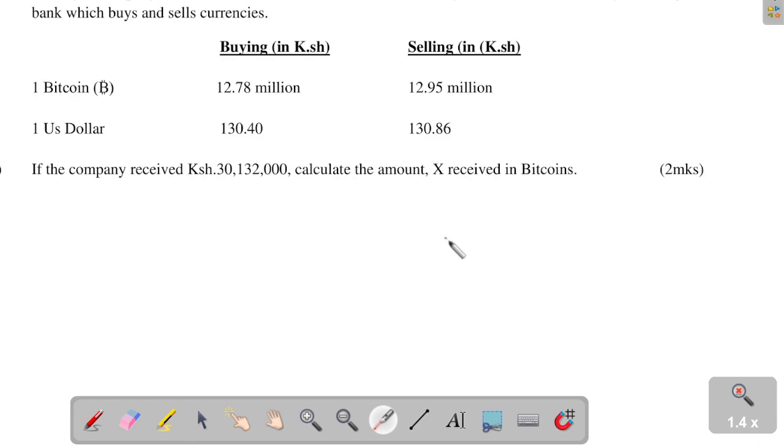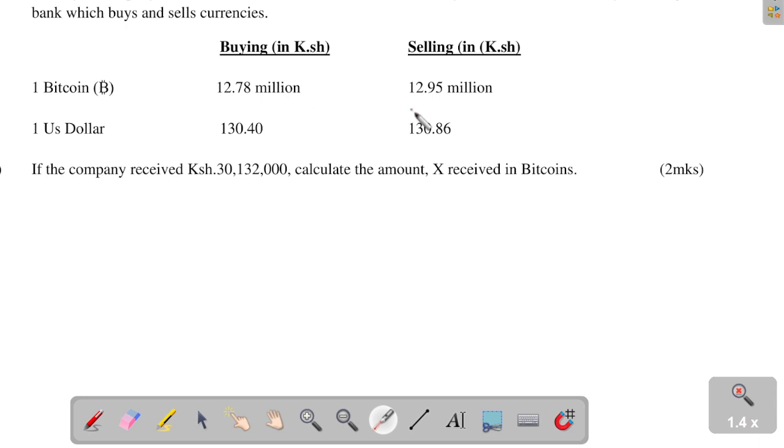So we have already said this, that when a foreigner comes in with a foreign currency, what the bank does is to buy. So class, here the conversion that was used is a rate of 12.78 million shillings.